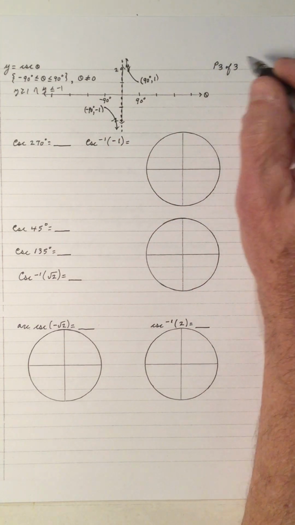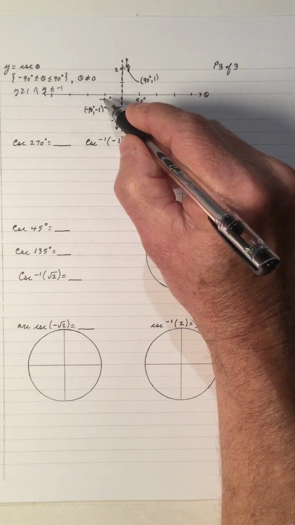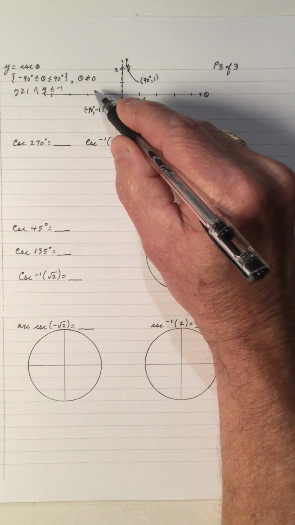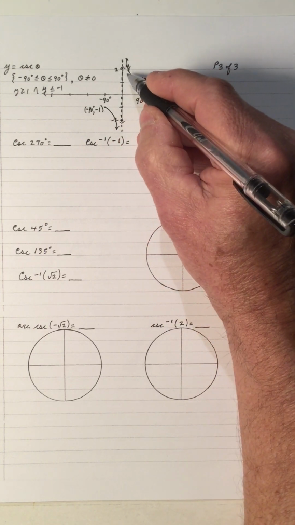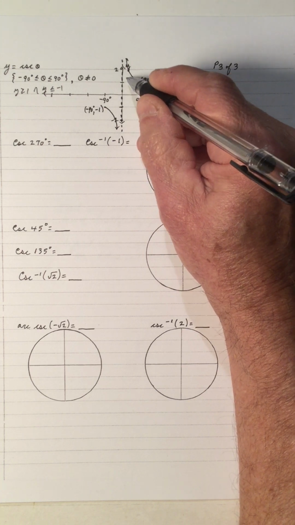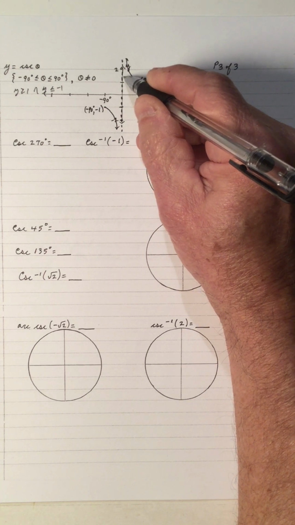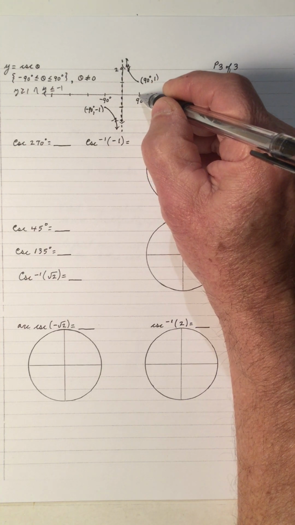Remember, sine is from negative 90 to 90, and so is arc cosecant. If the number we're taking the inverse of is positive and greater than or equal to 1, then the angle is between 0 and 90, in the first quadrant.